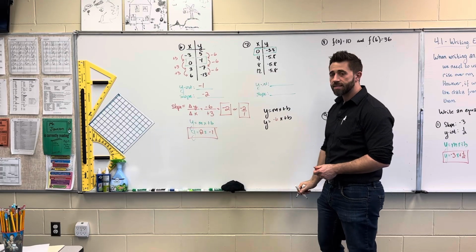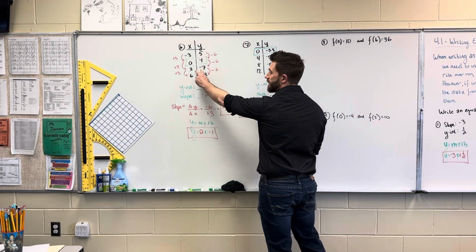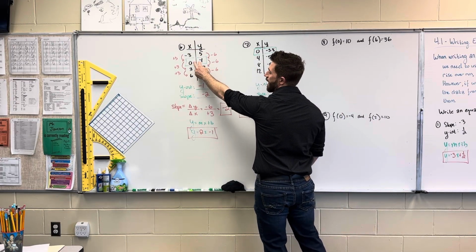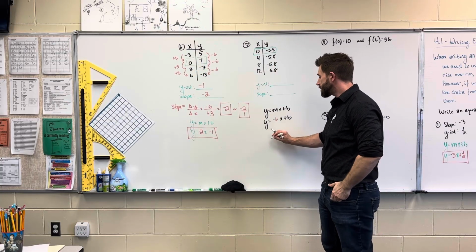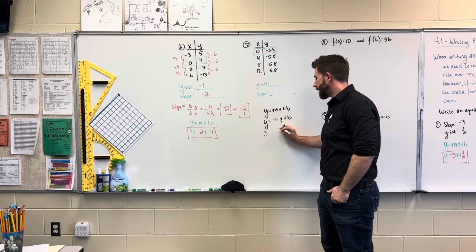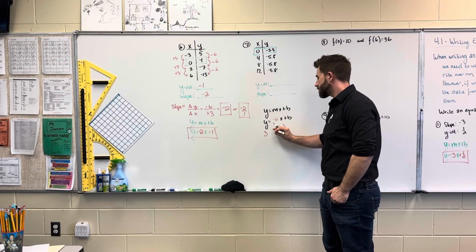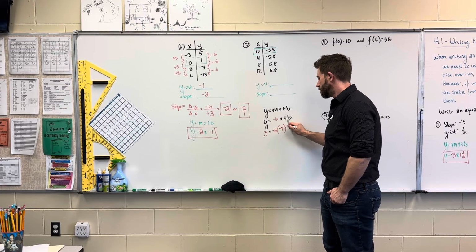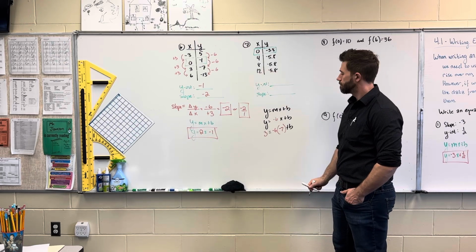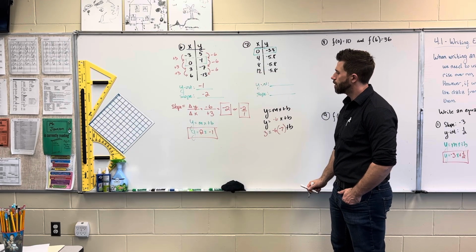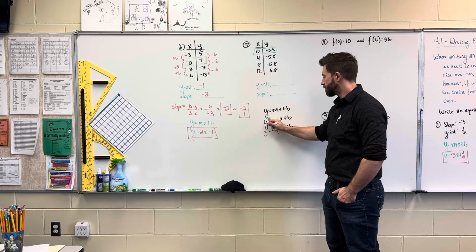The next thing that I would do is plug in any other point because I don't have this point. So I'm going to plug in the 3, -7. Hold on. I said my slope was negative 2.